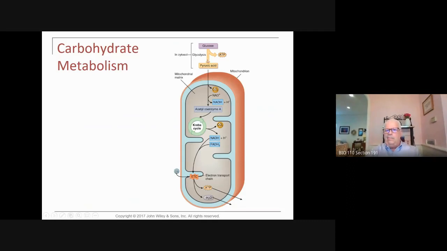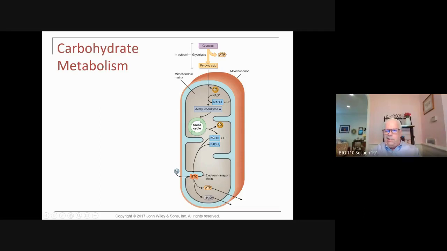Here it is again. One molecule of glucose in the presence of oxygen becomes pyruvic acid. In the presence of oxygen becomes acetyl coenzyme A. It allows you now to enter the Krebs cycle, which is in the matrix of the mitochondria.